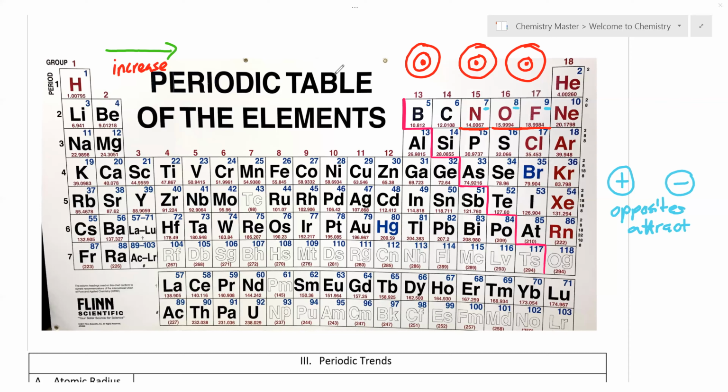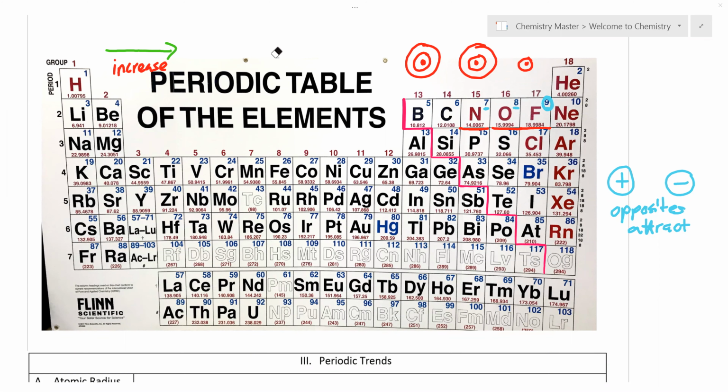Now if you think about it, fluorine has 9 protons. He has the most protons. If you think about the attraction between protons and electrons as a magnet, then fluorine has a stronger magnet. Because he has a stronger magnet, that is going to bring in his rings even closer.